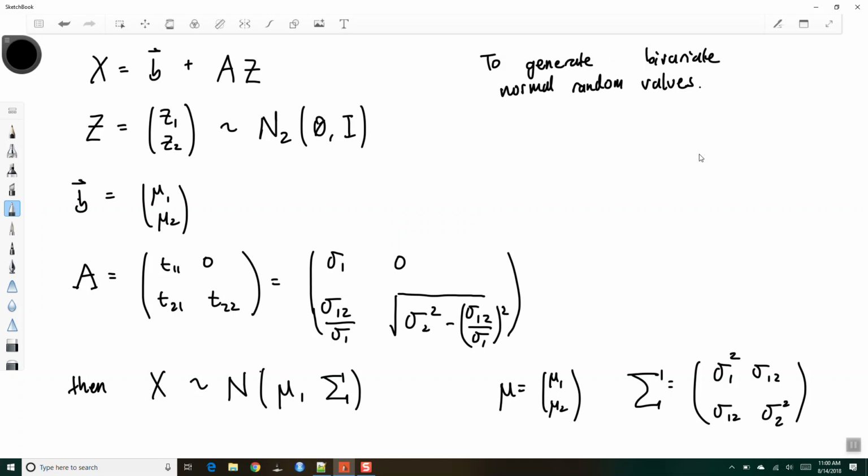Another thing we can do is Monte Carlo integration, or a way to estimate the expected value of a function over a random variable x, okay?